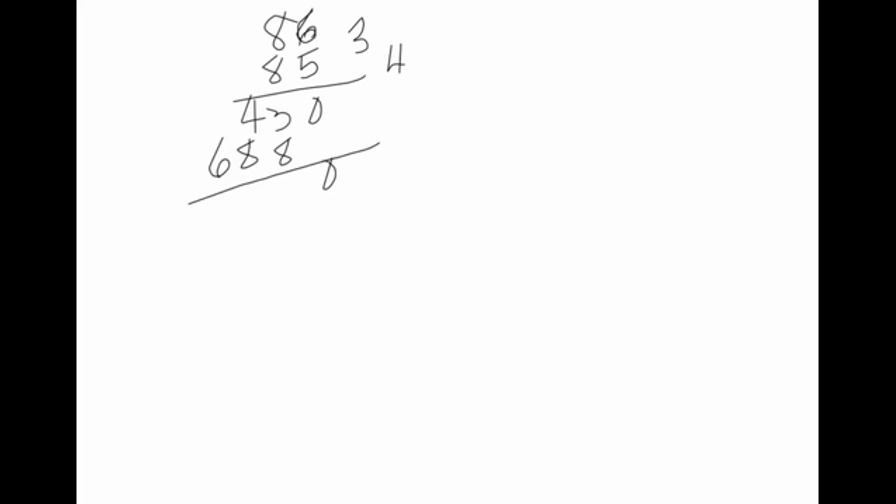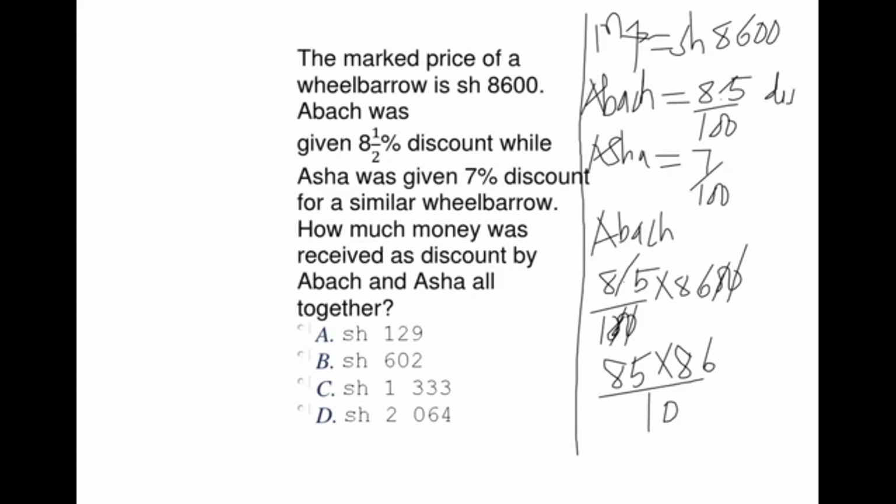So we have 0, then 8 plus 3 is 11, carry 1. 8 plus 1 is 9 plus 4 is 13, carry 1. 1 plus 6 is 7. So we have 7,310 divided by 10, which gives 731. That is the discount given to a batch.